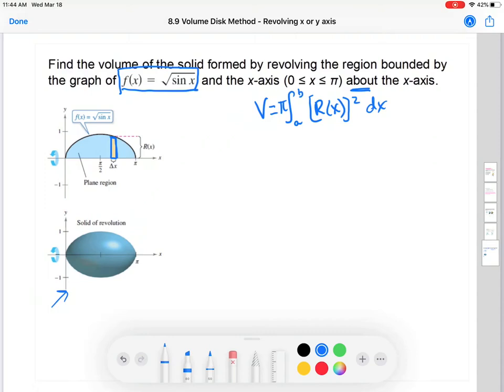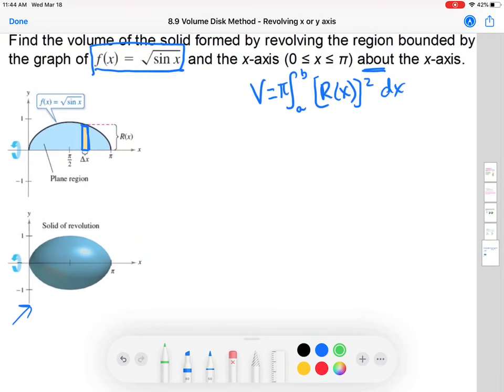Okay, so let's talk about what our radius is. Our radius is not a given number, it's a function, as you have seen with the cross sections. Like our radius there is whatever that number is. Over here we have something maybe closer to 1. Here we have a radius of almost 0. So we have to represent that.